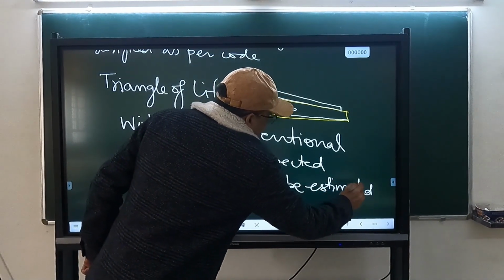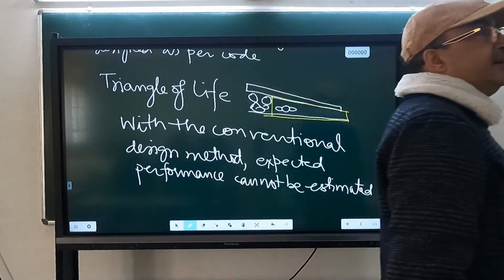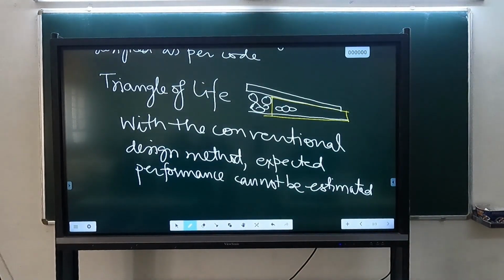There is no framework to estimate that performance. There are only some do's and don'ts. You do it like this, don't do that, most probably your building will perform okay.